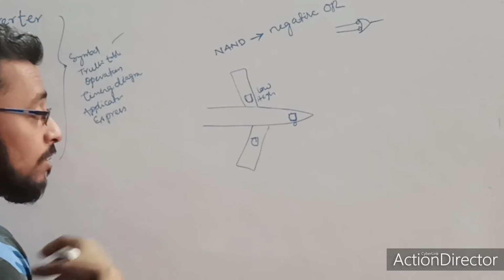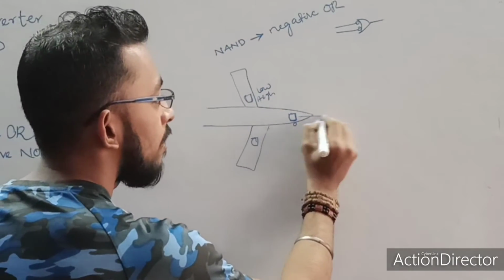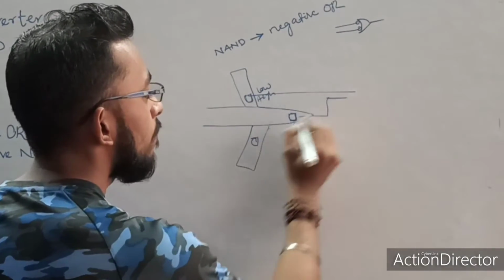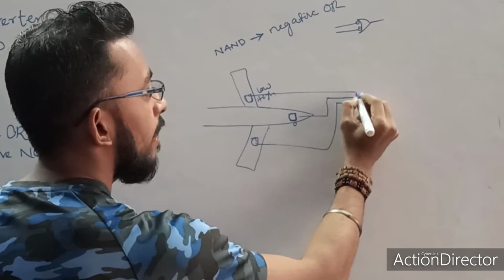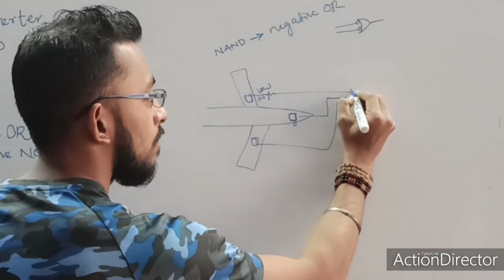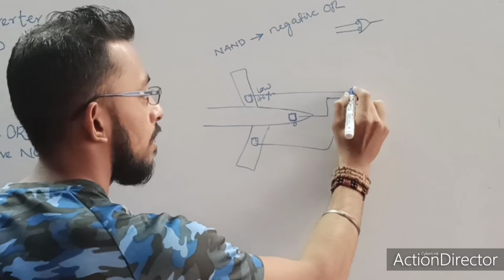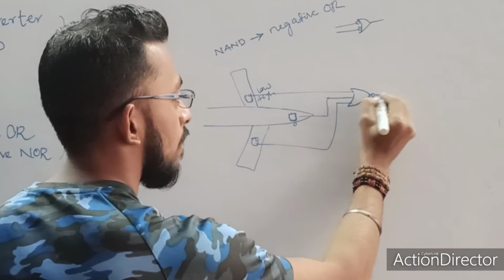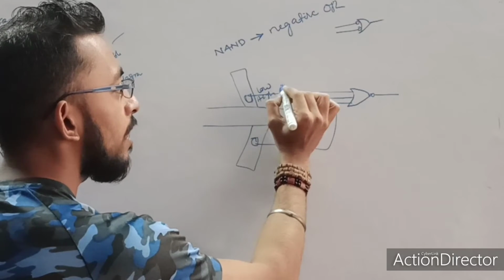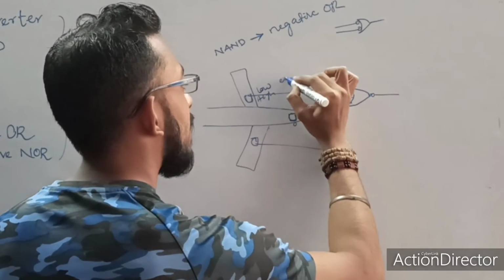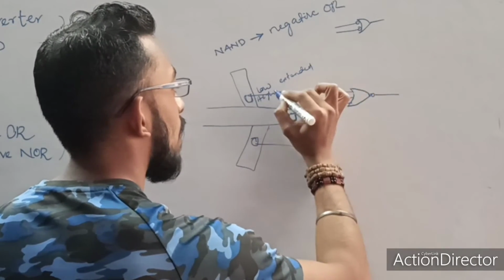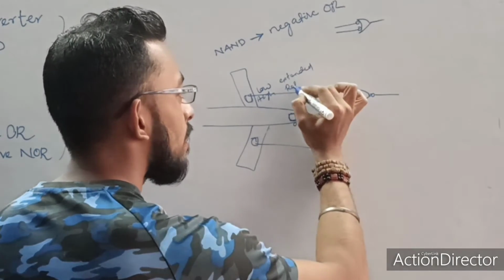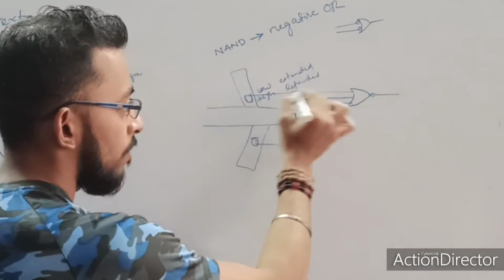Okay. And the three sensors are applied to the inputs of a NOR gate. So this is the NOR gate. Okay, so when they are all low, meaning extended, and when they are not extended, meaning retracted, the output will become high.